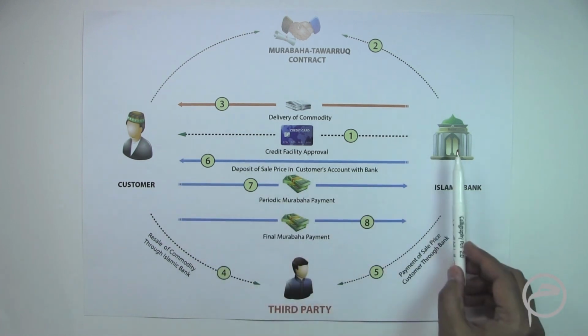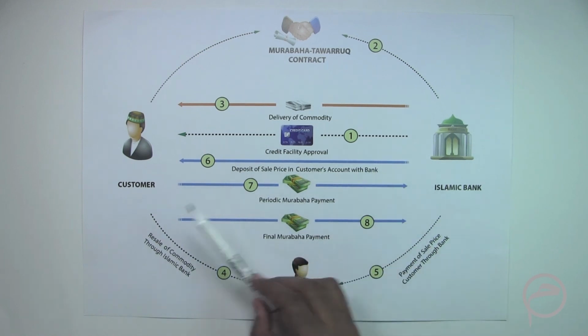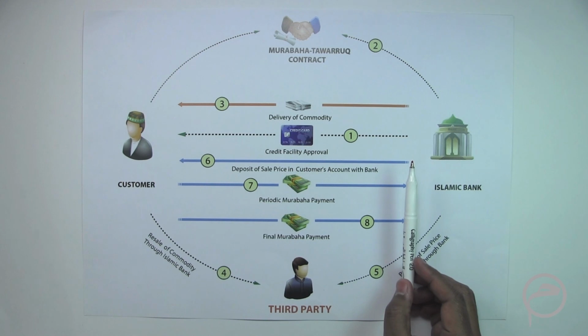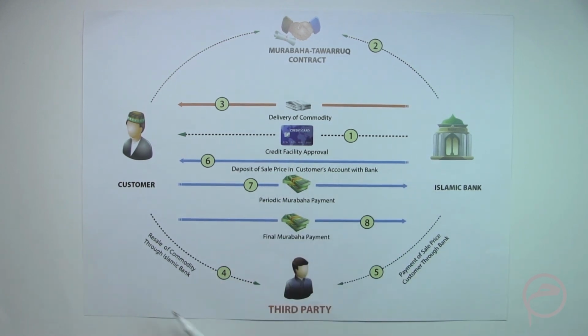As the duration of the card was 2 years, after 2 years the customer needs to make the whole payment. So basically, this is how a tawarruq or a commodity murabaha structure is used to provide an Islamic credit card.